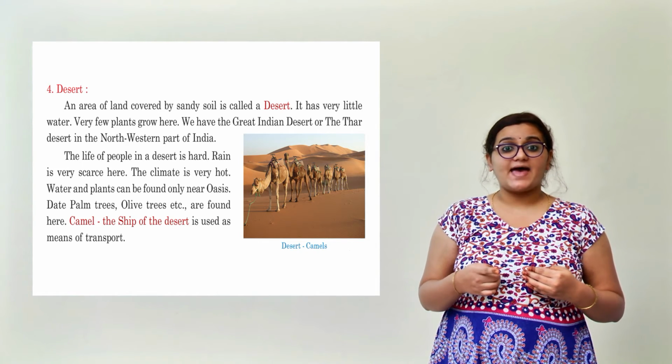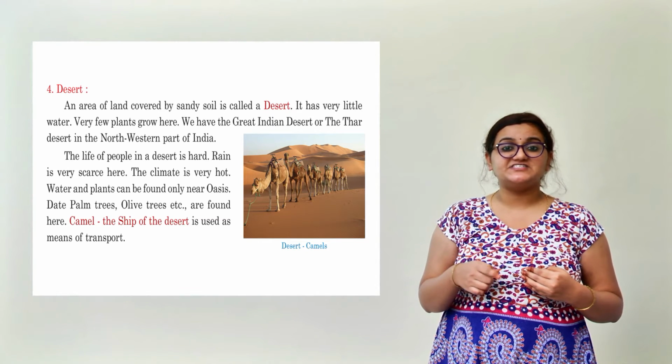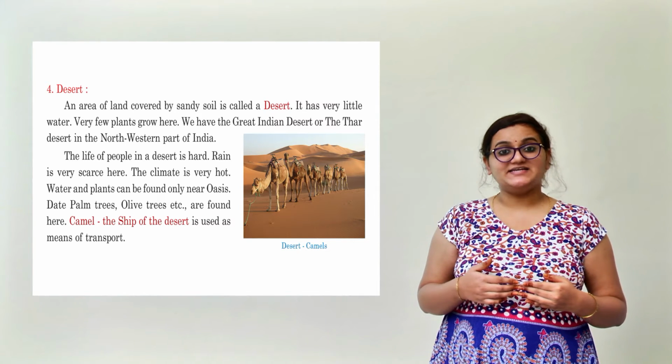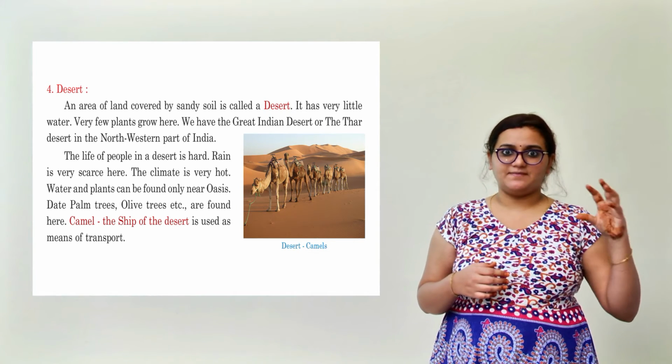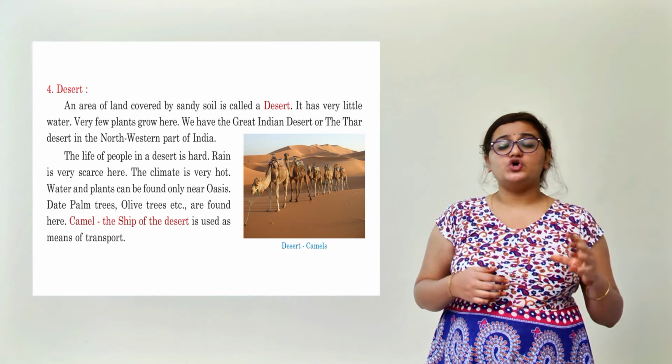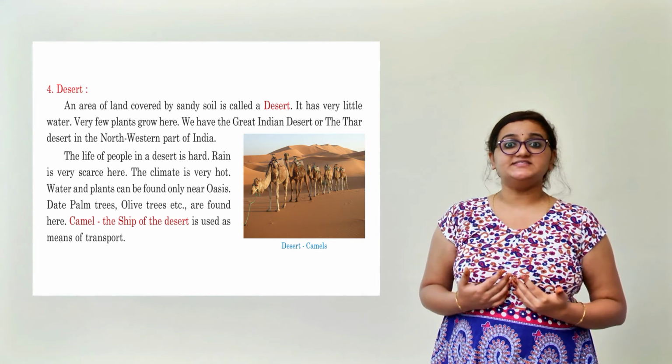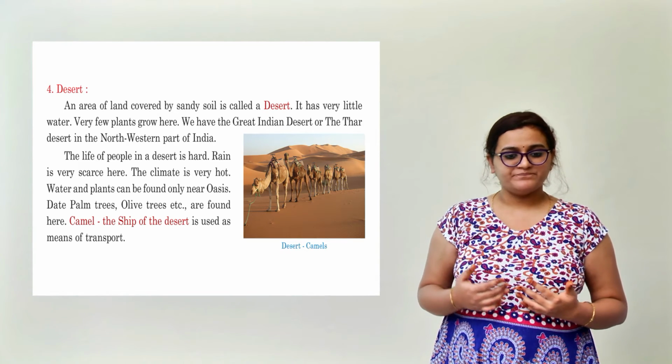Now open the map and see where the desert region is coming in our country. Yes, it is coming in the Rajasthan part of the country, right? So the Thar Desert, the desert name in our country, is the Thar Desert. Okay.